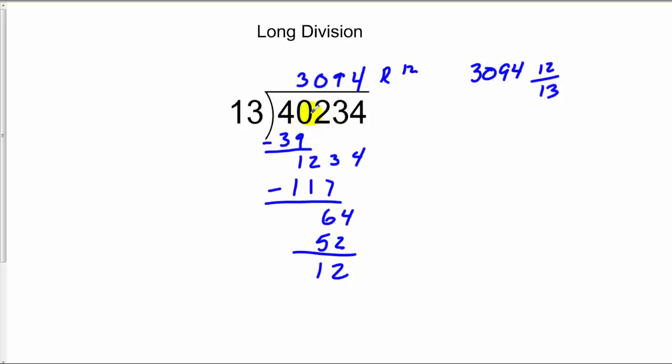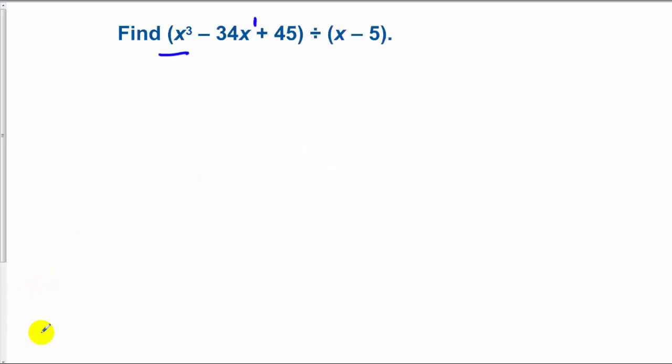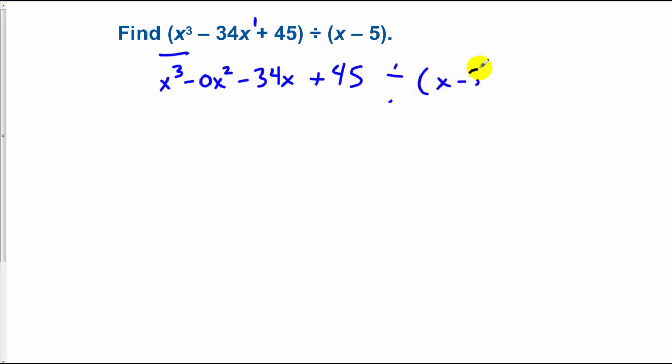Right? This 0 acted like a placeholder. Now in the example that we're talking about now, we need a placeholder for our x squared term. So what I really have is x cubed minus 0x squared minus 34x plus 45. And that's all divided by x minus 5.